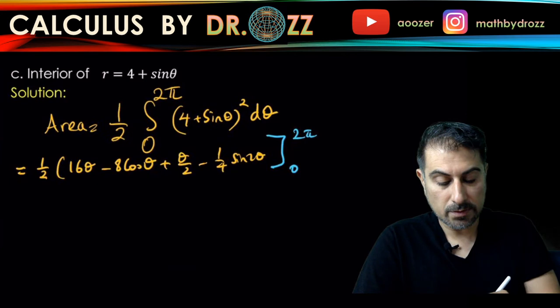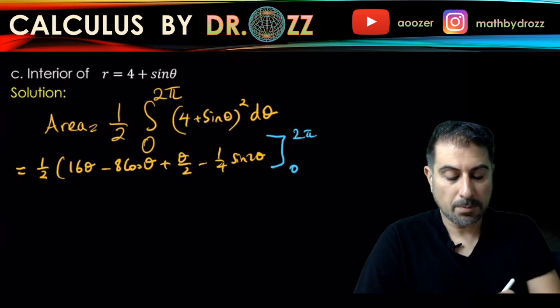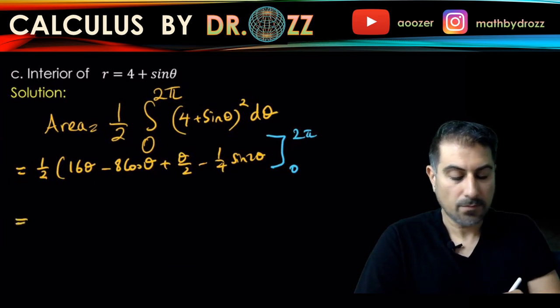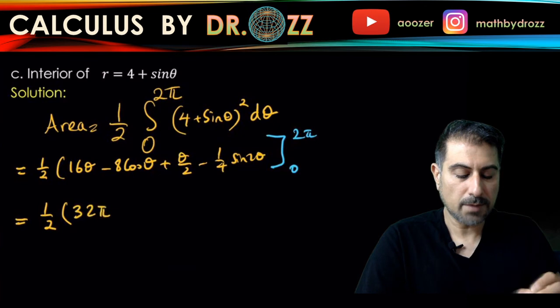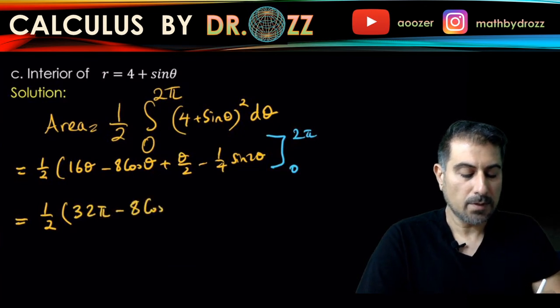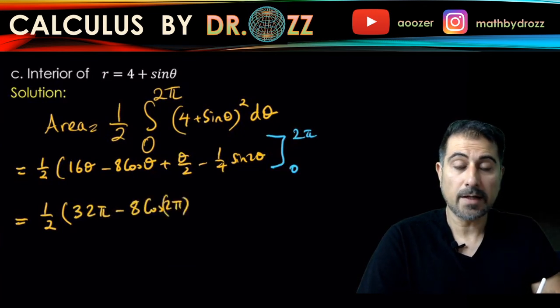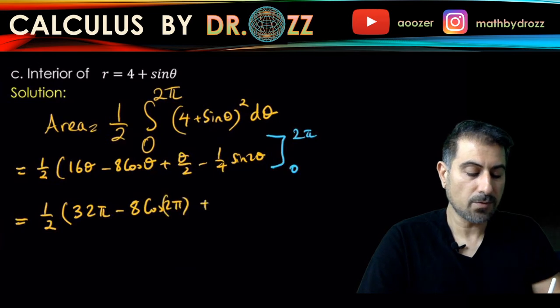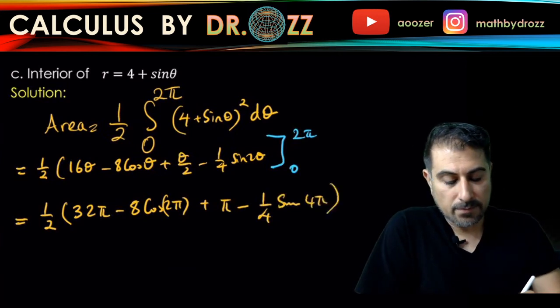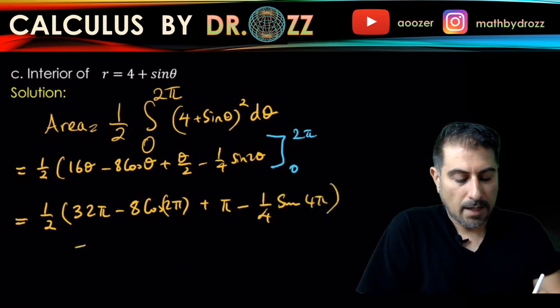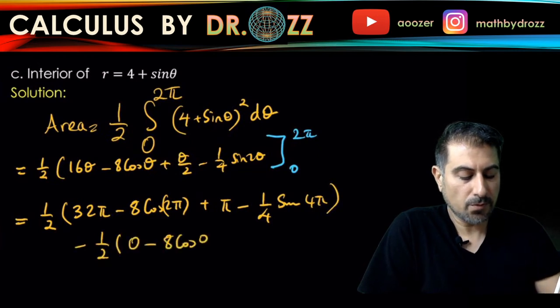I'm going to continue with yellow. All right, so I'm going to plug in 2 pi. This becomes 32 pi minus 8 cosine 2 pi, plus 2 pi over 2, that's pi, minus 1/4 sine 4 pi. That takes care of the upper limit. Minus 1/2 times 0 minus 8 cosine 0, plus 0 minus 1/4 sine 0.